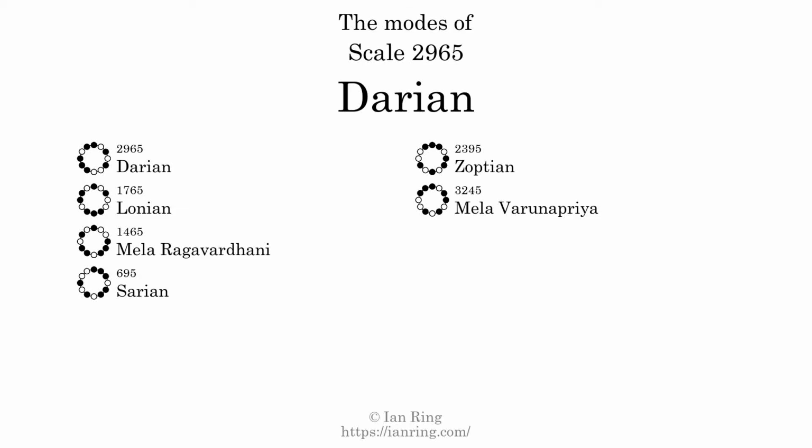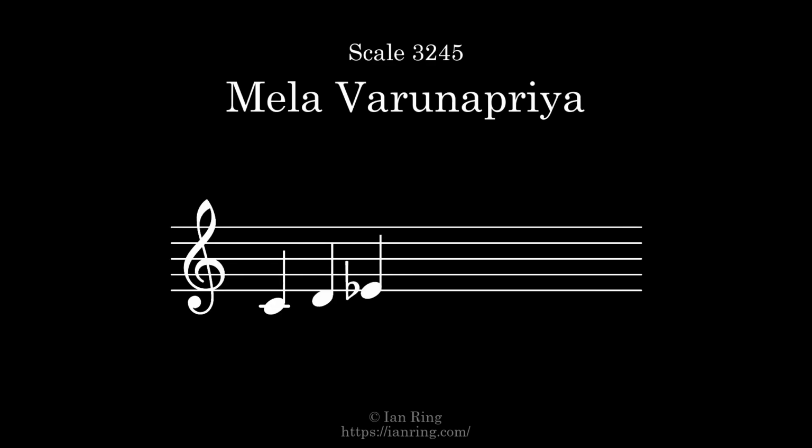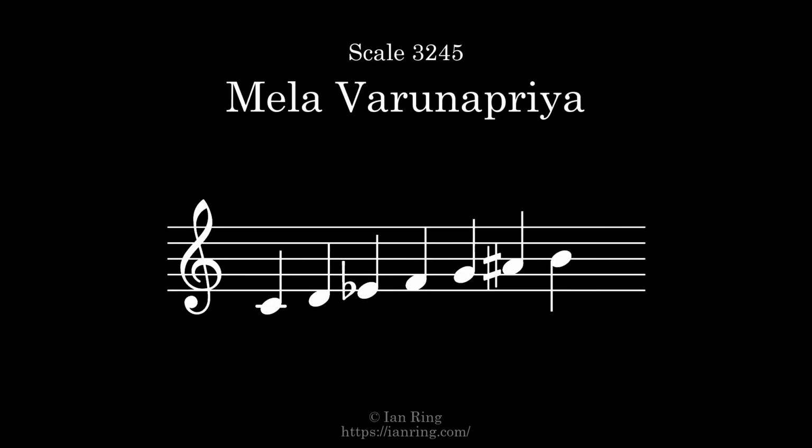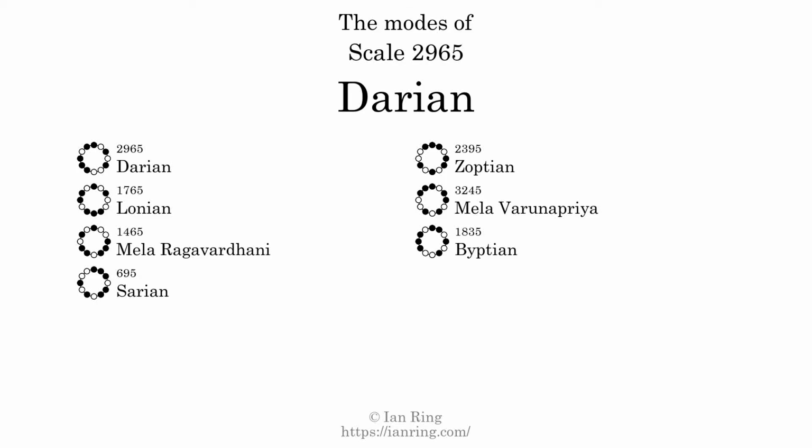The sixth mode is scale 3245, also known as Melakarta Virunapriya. It sounds like this. The seventh and last mode is scale 1835, also known as Bipshan. It sounds like this.